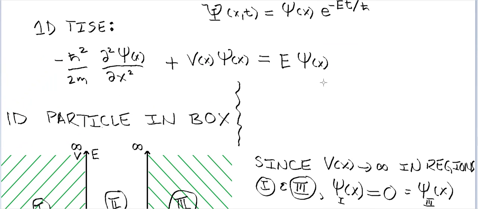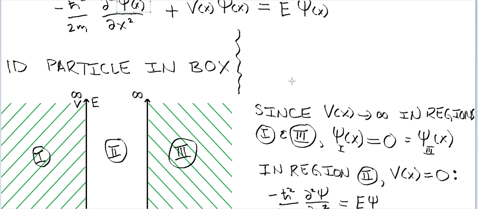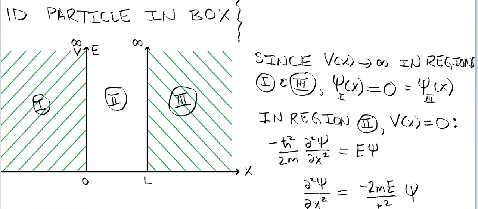The other thing I want to point out here is in this Schrodinger equation, psi of x, and actually psi squared of x, psi star psi, is related to the probability of finding the particle in some region of space. And so, since we can't find the particle, there's zero probability of finding the particle in region 1 or region 3. Psi of x in region 1 and psi of x in region 3 both must equal 0.